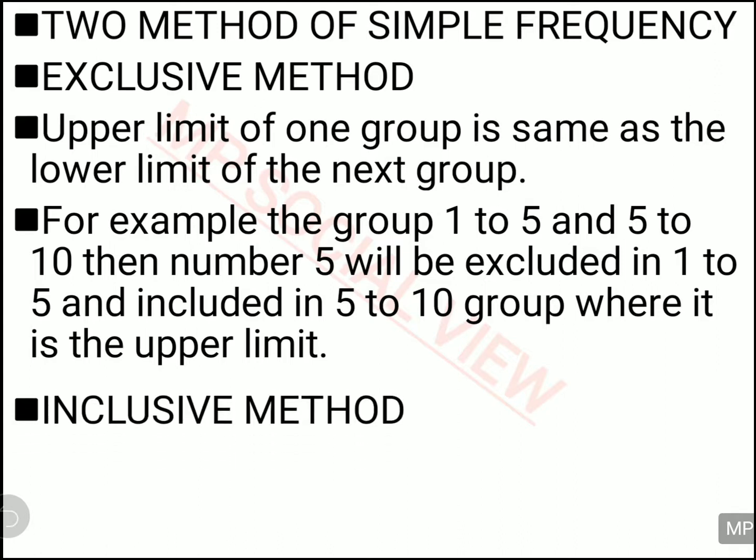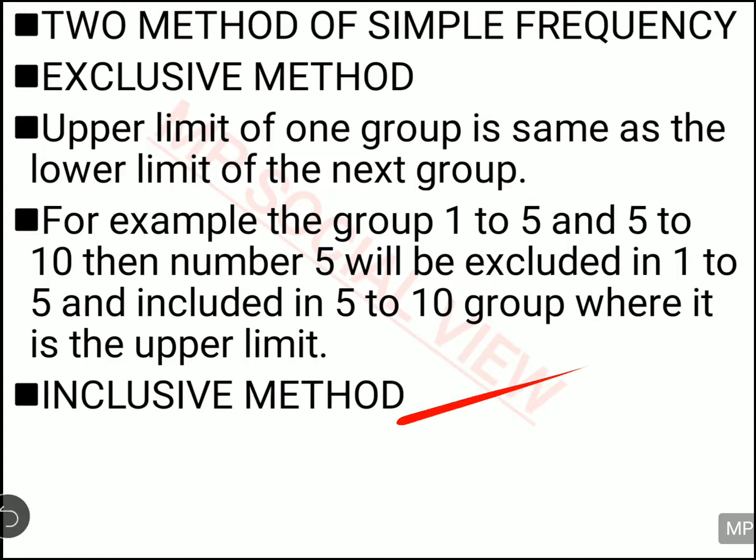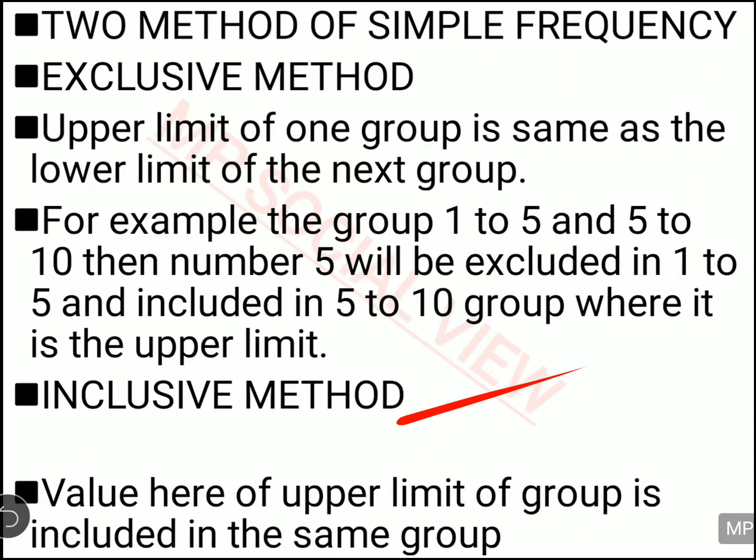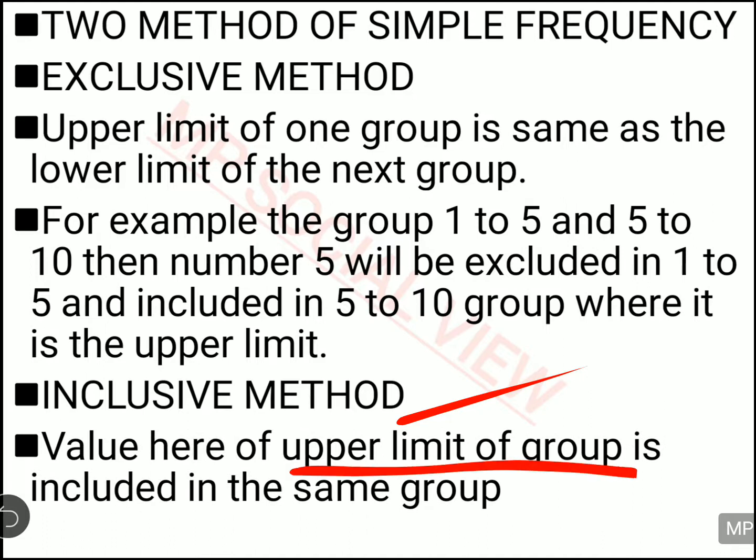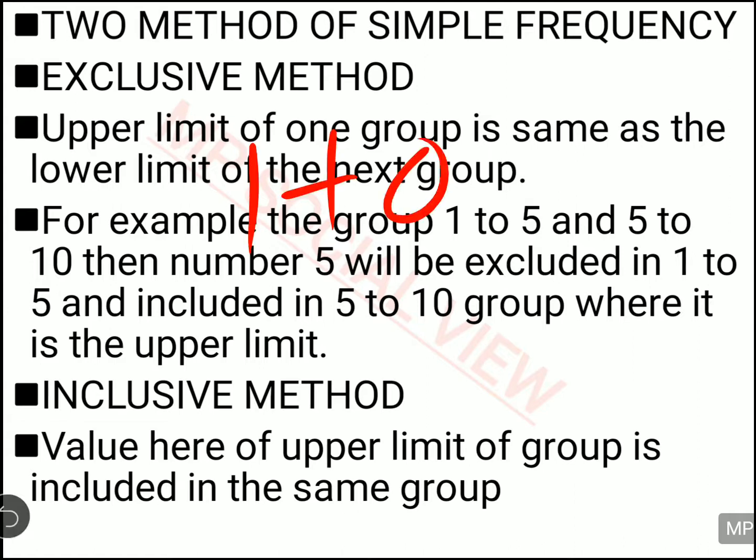Alright. Then what is the inclusive method? In the inclusive method, the upper limit of one group is included in the same group. Means the upper limit of one group does not form the lower limit of the second group. Like you have the 1 to 5 group and then the 6 to 10 group.